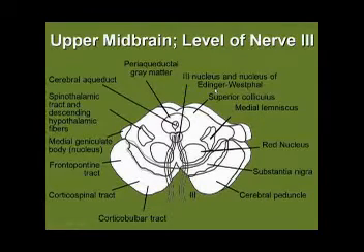This is the nucleus of Edinger-Westphal, situated immediately adjacent to the oculomotor nucleus. Remember that Edinger-Westphal contains preganglionic parasympathetic axons that exit the midbrain with cranial nerve 3. So certainly their function, ultimately, will be to participate in a neural pathway that mediates pupillary constriction and accommodation.